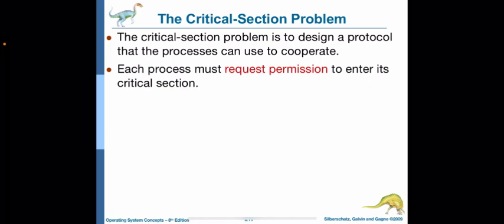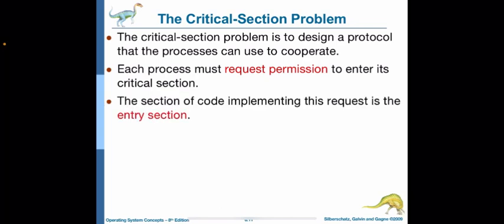I will unlock the corresponding data and release the key so that some other process can enter its critical section. That is what is meant by requesting permission to enter. We will see the corresponding code later.